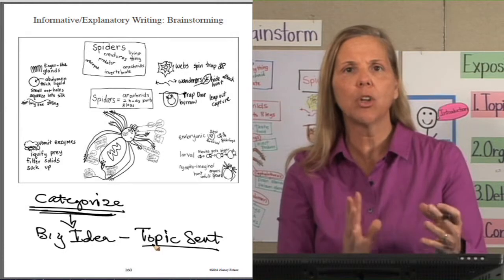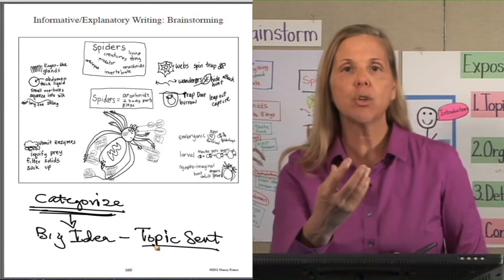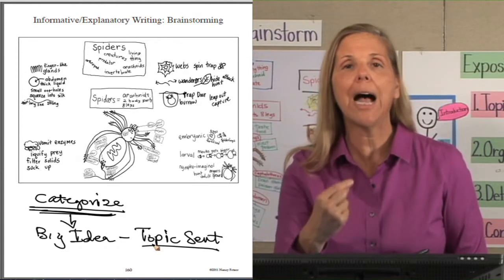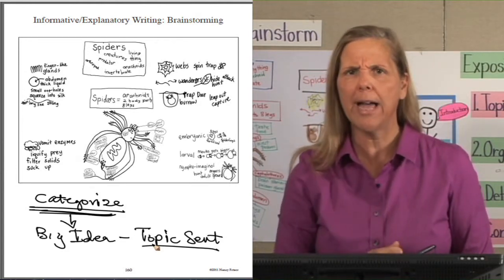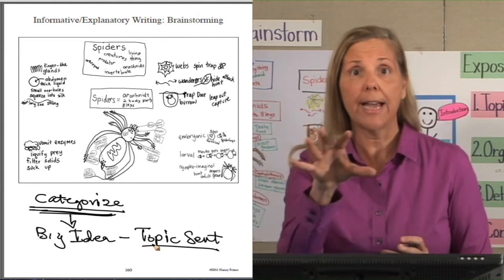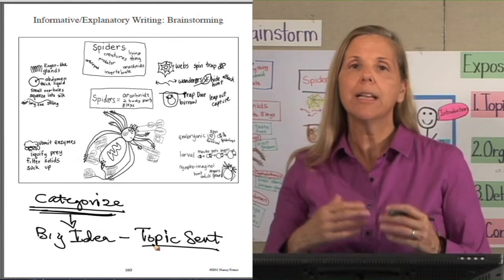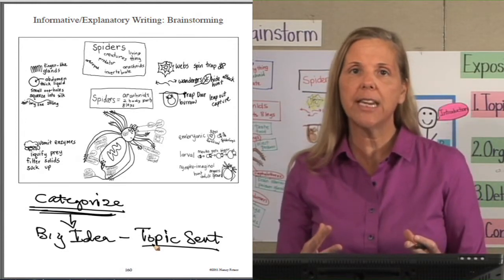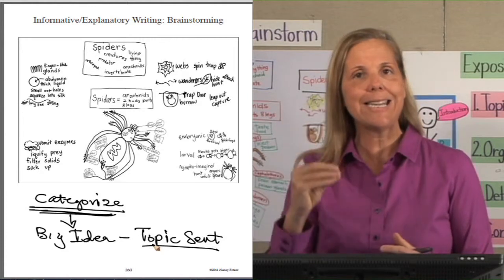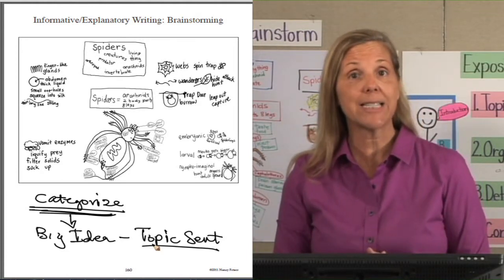Once I have several different words written up on the board and in categories, then when students give me more information, I will ask them, where should I put that up on our brainstorm? So that they now are having to categorize the information. So we are going to take our brainstorm, categorize all the information the kids give, and also put big ideas up above each one of those categories, which will ultimately be topic sentences.